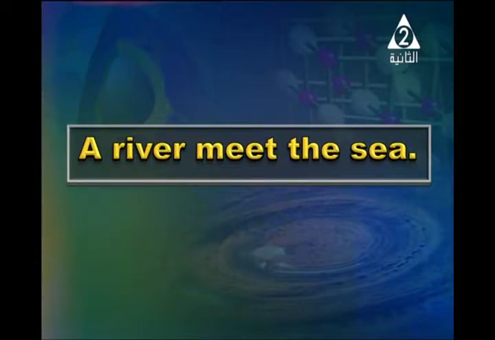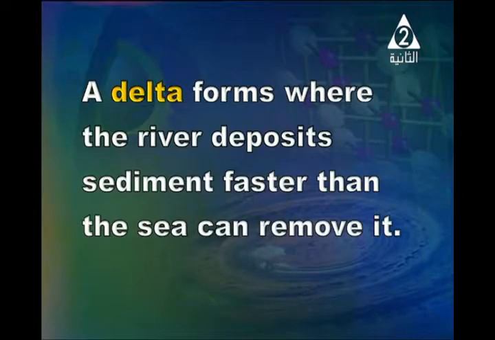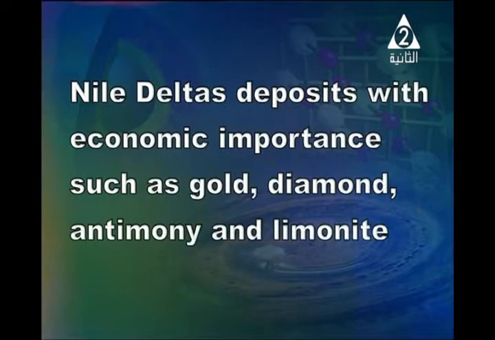What happens if a river meets the sea? A delta forms where the river deposits sediments faster than the sea can remove them. The Nile Delta has deposits of economically important minerals such as gold, diamond, antimony, and limonite.